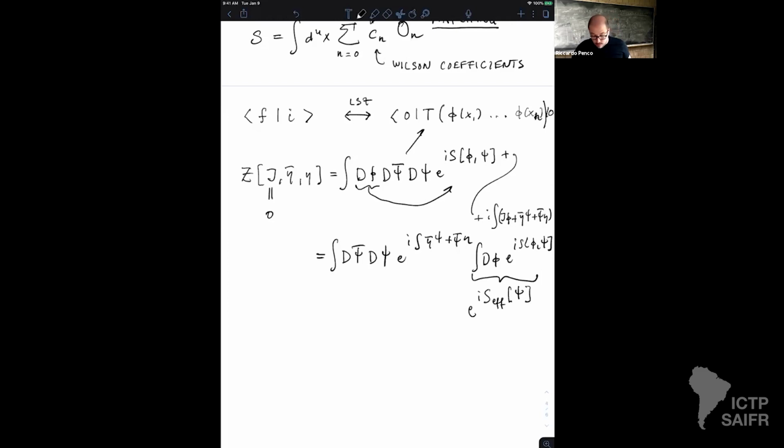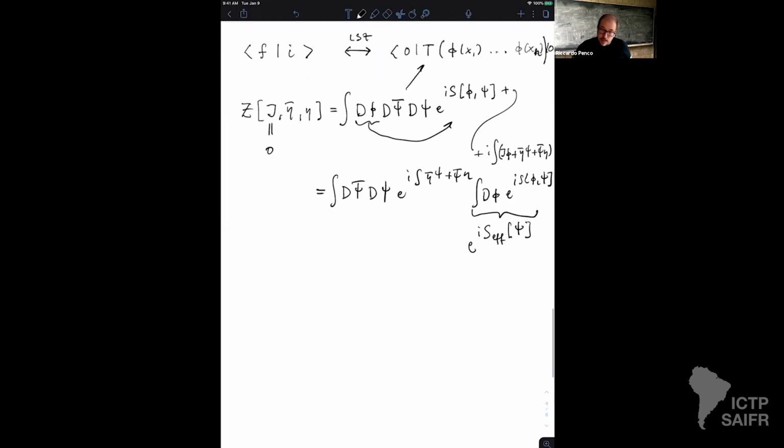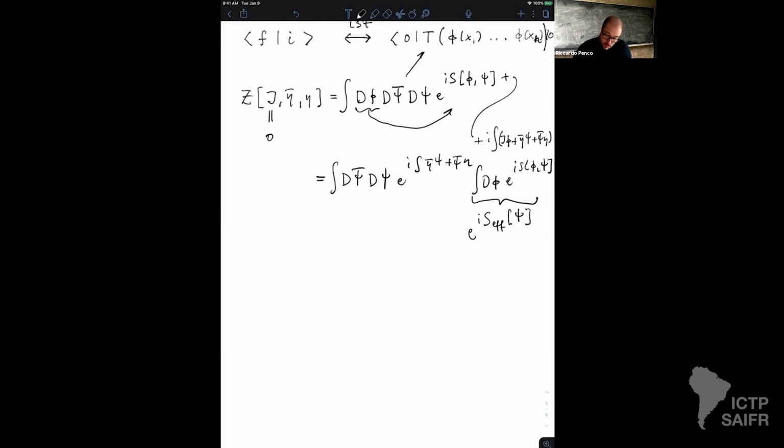And in practice, we always perform this type of integrals in a perturbative way. And one perturbative scheme for calculating this integral is a loop expansion. So you can think of, if you reintroduce all powers of h bar, it turns out that this effective action admits an expansion in powers of h bar.